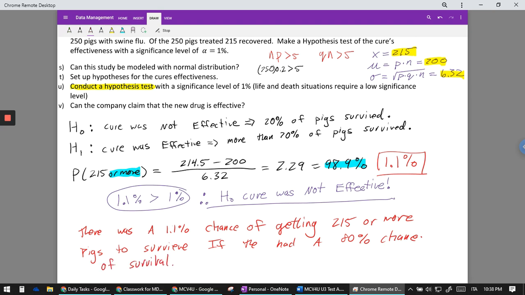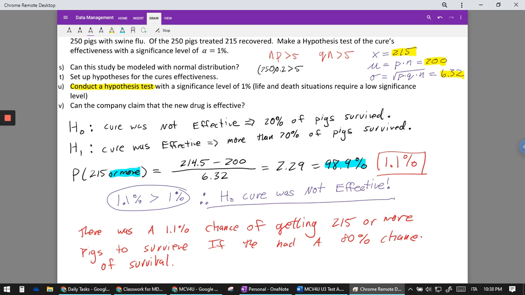Okay. So there was a 1.1% chance of getting 215 pigs or more to survive if they had an 80% chance of survival. Okay, so you might say, well, that seems like a pretty low percent, right?